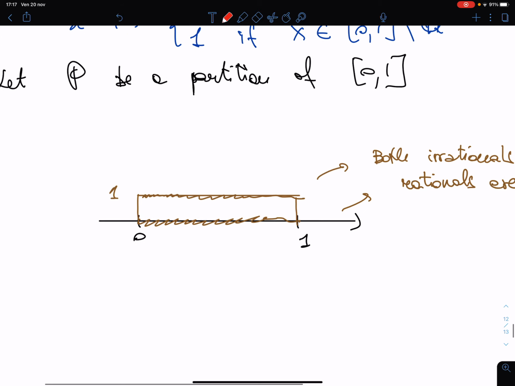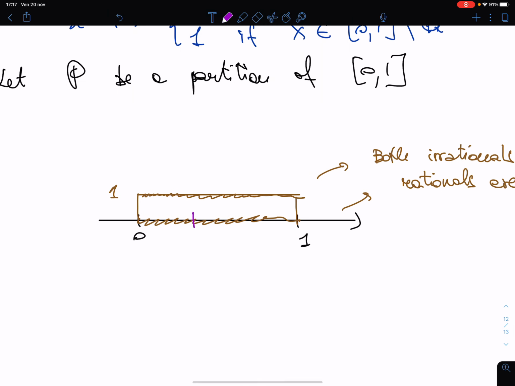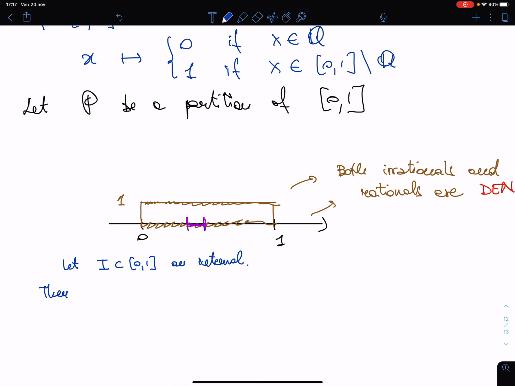This means that whatever partition you take, whatever subinterval you take of 0, 1, so let I contained in 0, 1 be an interval, then the supremum of f of x for x in I will be always 1, because there are irrationals in I, because irrationals are dense, and the infimum of f of x for x in I is 0.